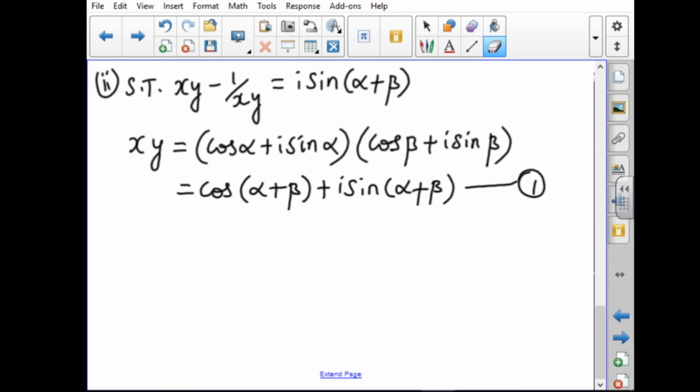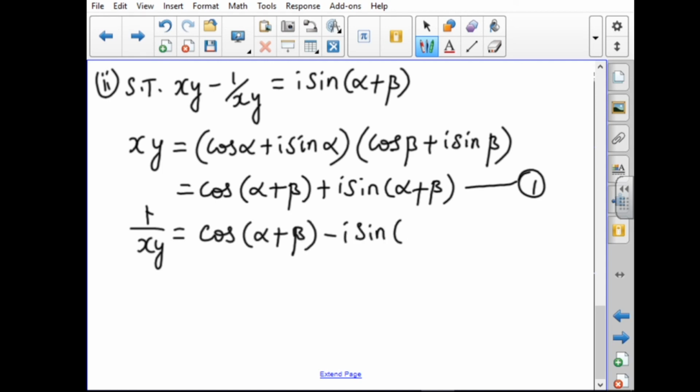Now let us find out 1 by xy. 1 by xy is equal to, we replace i with minus i: cos of alpha plus beta minus i sine of alpha plus beta. Take this as equation number 2.